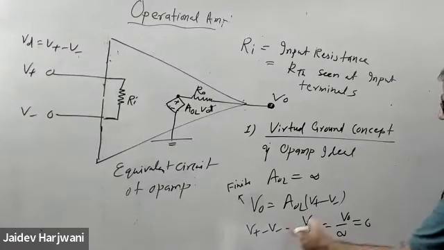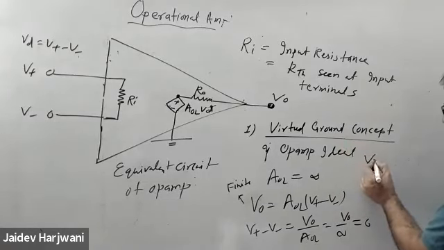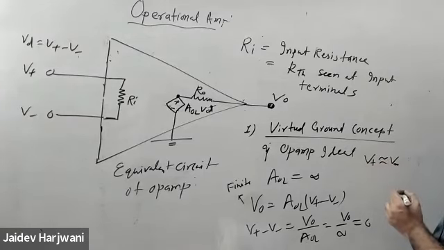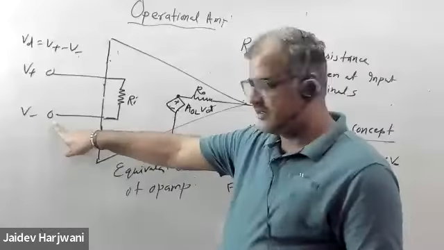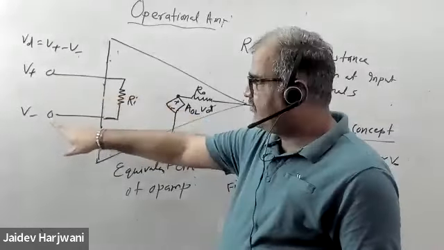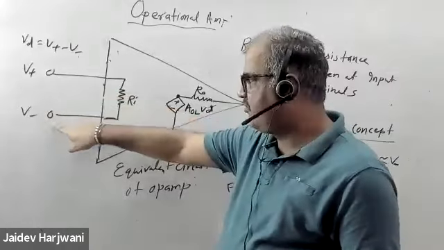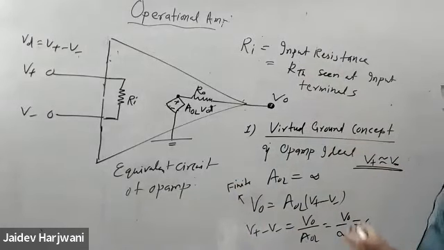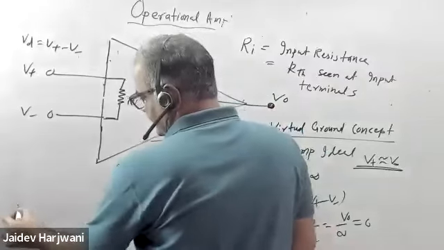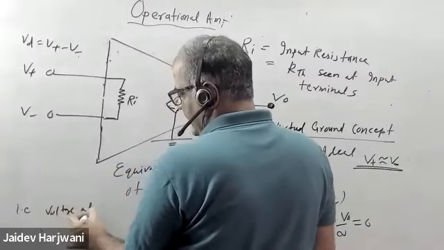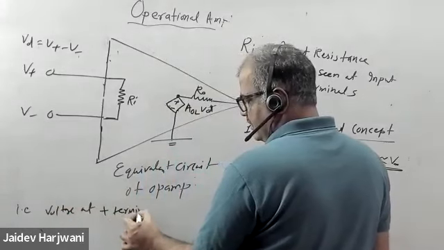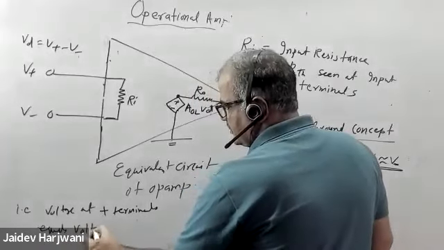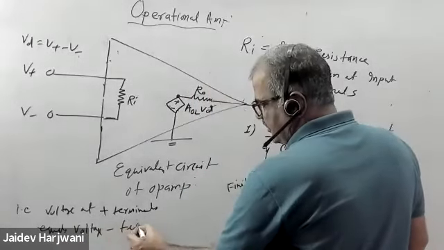When this becomes zero, the voltage at the positive terminal and at the minus terminal will always be the same. If I ground this one, then this will automatically be ground. If here the voltage is 5 volts, here the voltage will be 5 volts. If it is 3 volts, it will be almost 3 volts here. That is called the virtual ground concept: voltage at the plus terminal equals voltage at the minus terminal.